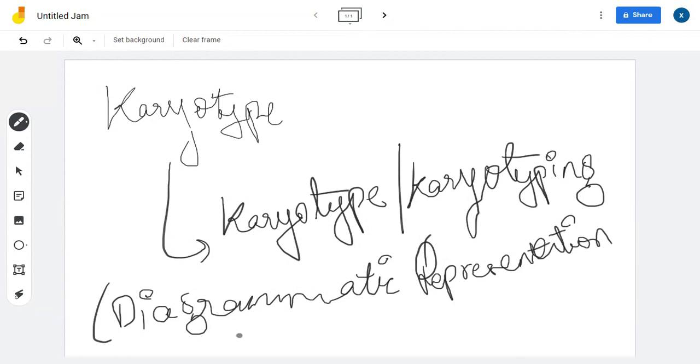So what is karyotype? Karyotype is nothing but diagrammatic representation of the chromosomes. This is karyotype.